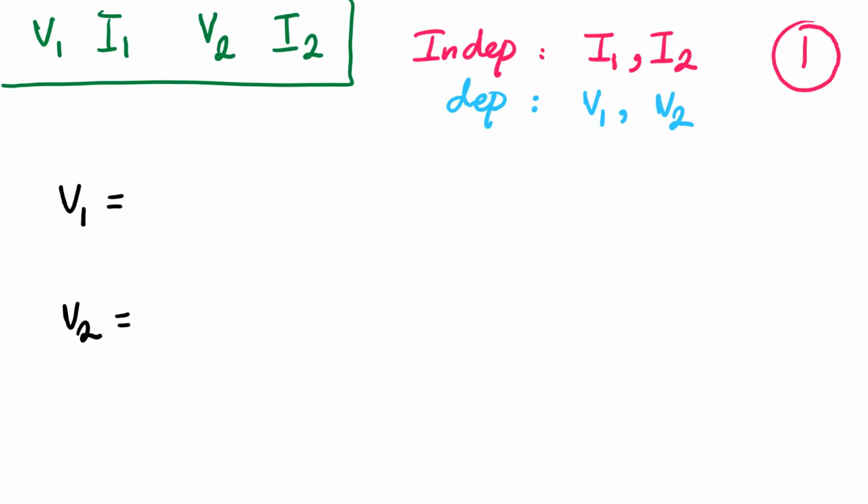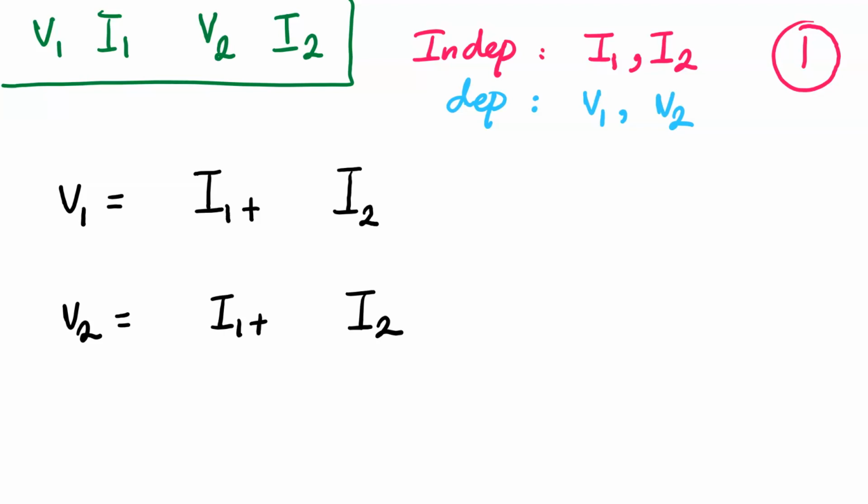So I need to describe them as a linear combination of I1 and I2, I1 plus I2. The question is, what is the coefficient of I1 and what is the coefficient of I2 here? And same thing for the second equation.